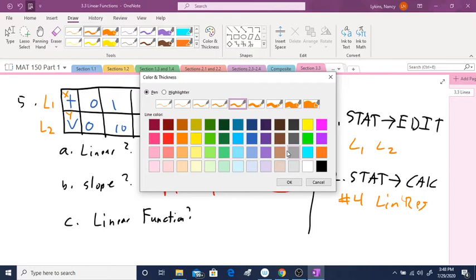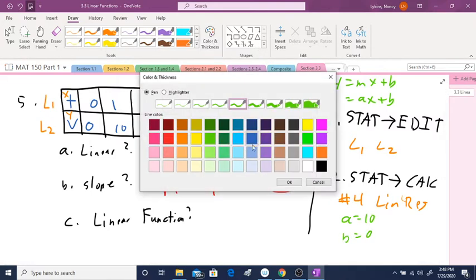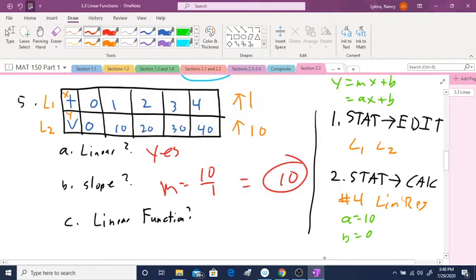Now our calculators, let me just show you real quick. This is what our linear function is, but what our calculator uses is AX plus B, because they use A in other equations as well, and we'll get to those later on. So you should have had A equals 10, B equals 0, so it's 10X plus 0.